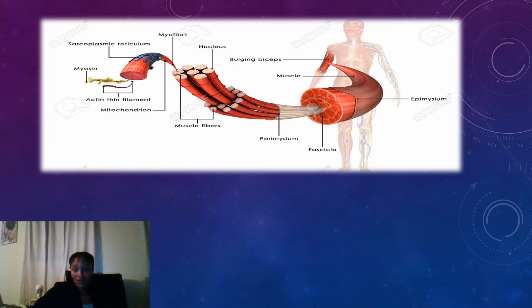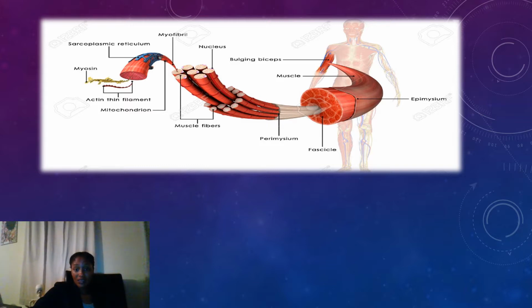Inside of that covering, you'll see the fascicles. Each of these fascicles, when it's pulled out, contains individual muscle fibers. There are thousands of them in a fascicle, and a lot of fascicles within the muscle. When you pull out one fascicle, you see it's covered by a perimysium.